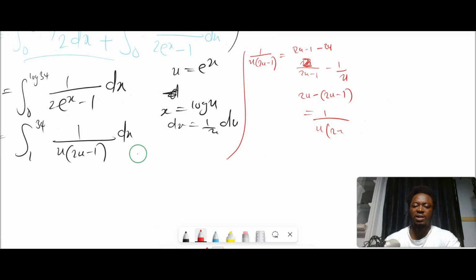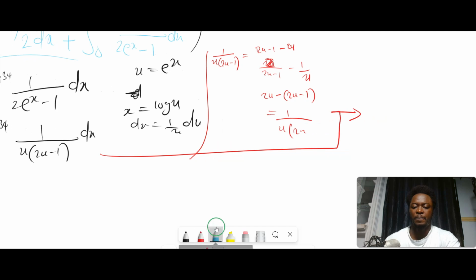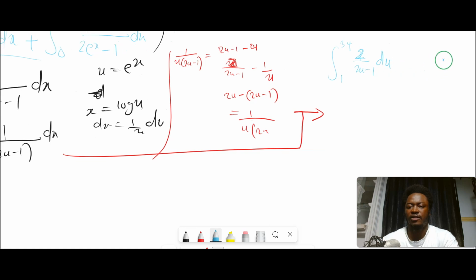So this integral becomes the integral from 1 to 34 of 2 divided by (2u minus 1) du, minus the integral from 1 to 34 of 1 over u du.